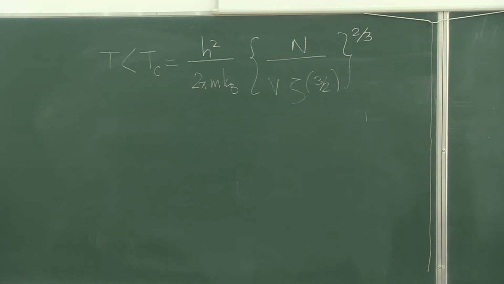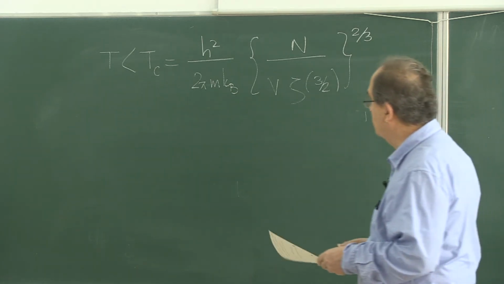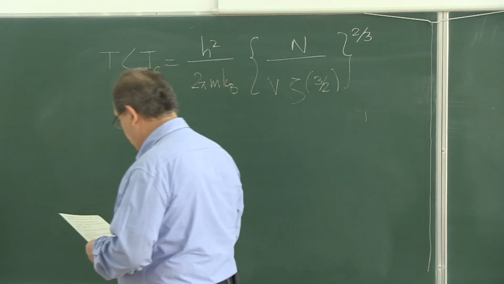Well, Tc is the characteristic temperature for the onset of the Bose-Einstein condensation. You should get below that, or the condensation starts at that temperature when you start lowering it. Okay? It is the characteristic temperature.